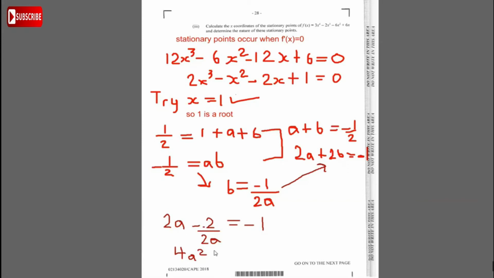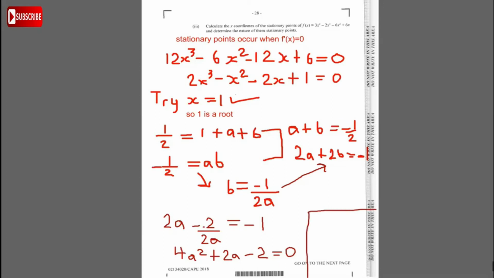When I bring it over, it will become plus 2a. If you're wondering where I get the plus 2a from, the minus 1 times 2a is minus 2a, and I bring it over to this side. Minus 2 is equal to 0.